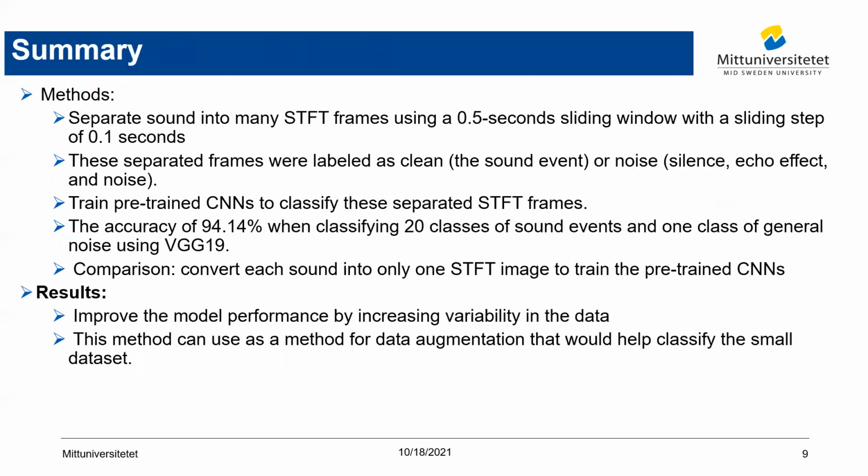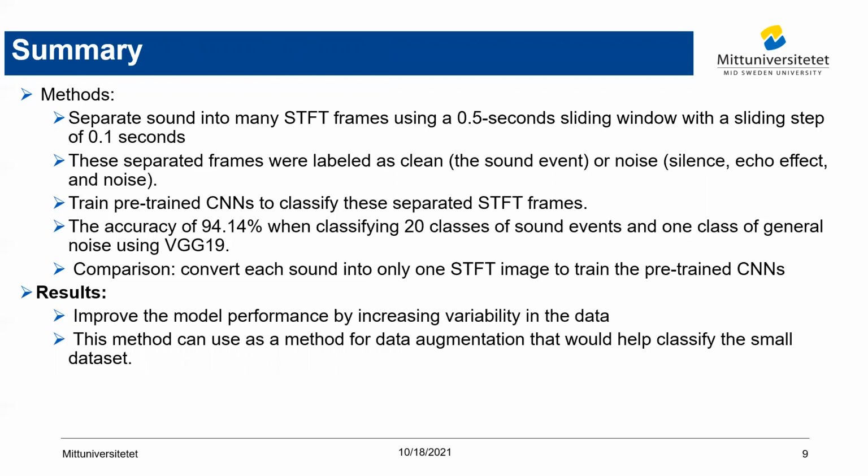In summary, we propose a sound separation technique for pre-processing the sound dataset to improve the robustness of the sound classification system. We separated the sound into numerous STFT frames. The separated frames of the sound were labeled as clean, or as noise, which includes silent, echo, and noise. The clean frames keep the original sound event label, whereas the noise frames are associated with the newly created noise class.